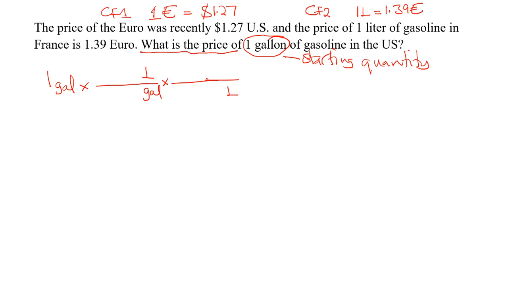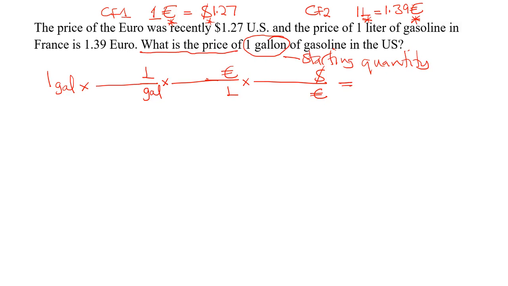But now if I have a liter down here, this liter here goes with the euro, which means I put a euro up here. Times down here, I need to put a euro so that the euros cancel. This euro goes with the dollar. And then I put a dollar here.